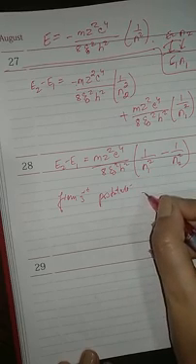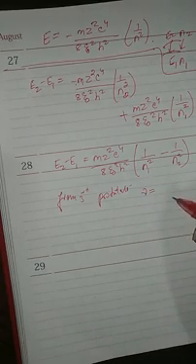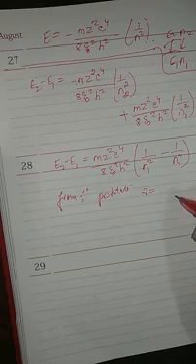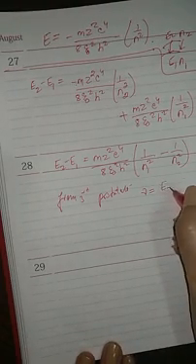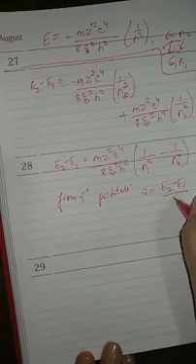the frequency of the emitted radiation, that is nu, is equal to E2 minus E1 divided by h.